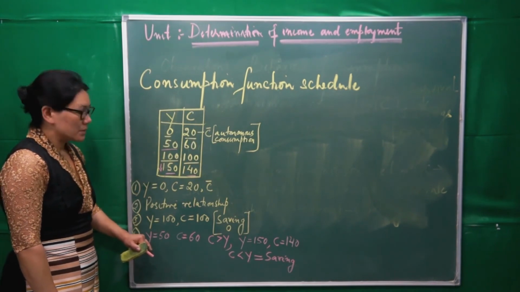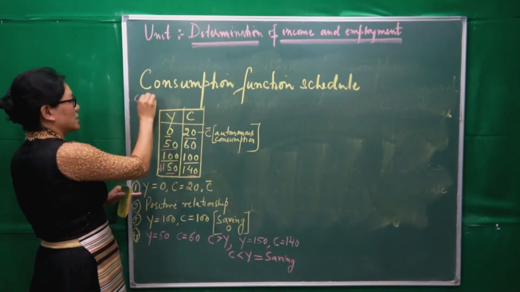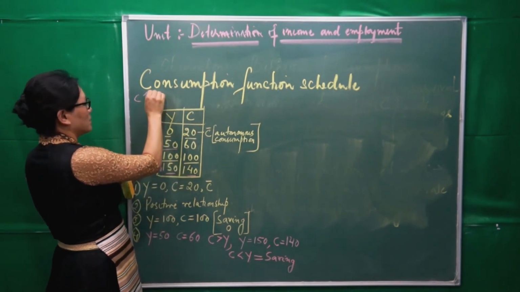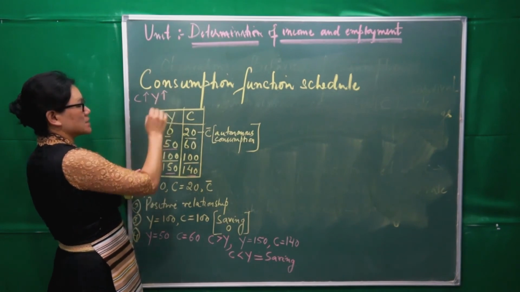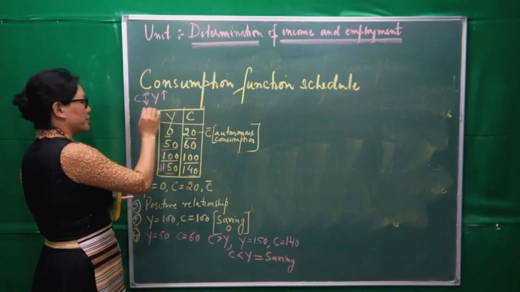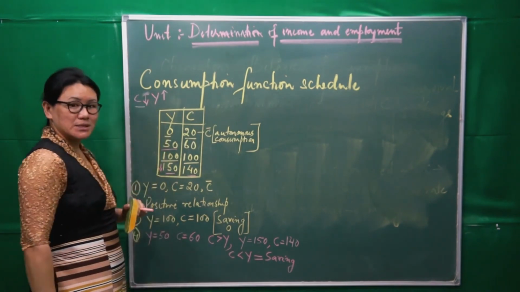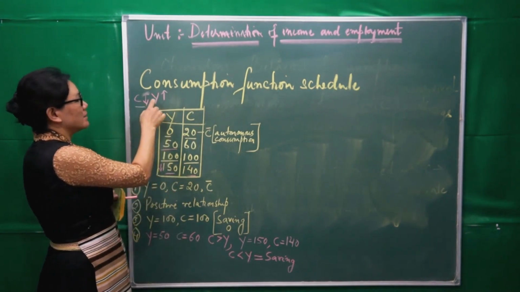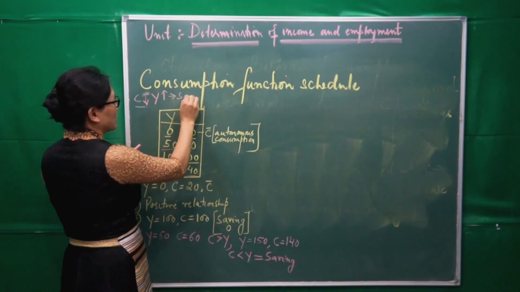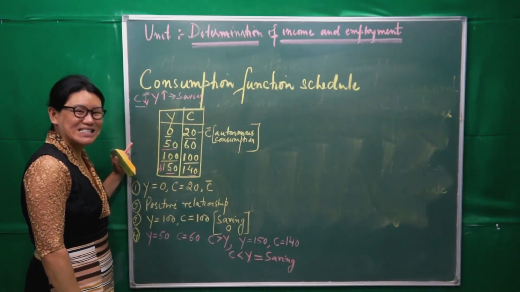I said the rate at which C increases will be lower than the rate at which Y increases. So we can write it like this. Again, the rate at which C increases will be lower than the rate at which Y increases. And in this situation, people will start saving.